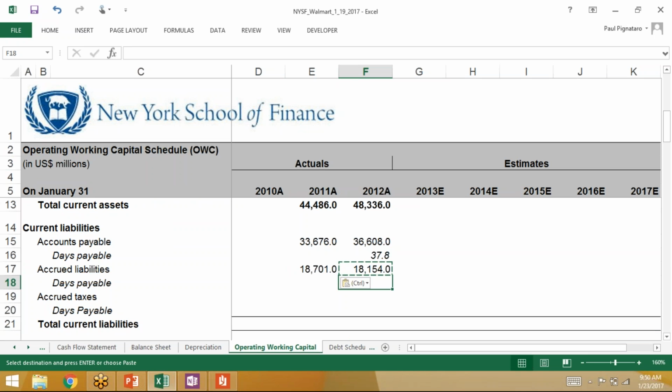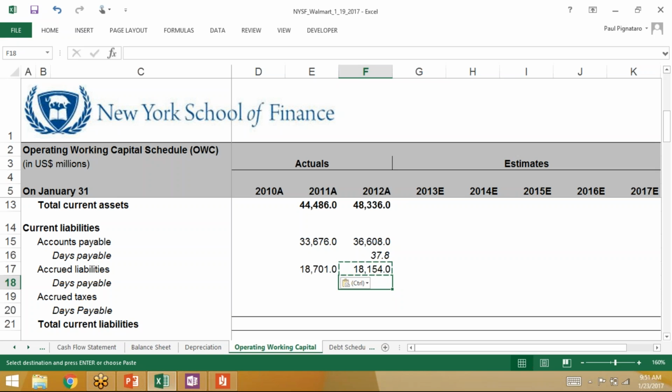What could it be based on? So it's not going to be revenue. Probably not COGS. It could be COGS, but we already used accounts payable for COGS. So they're not going to have two lines. Accrued liabilities is some expense that they still owe. So the only other line we have right now is SG&A. So we've got to use SG&A.